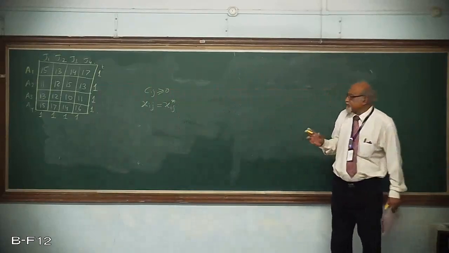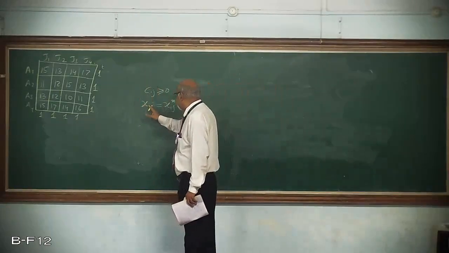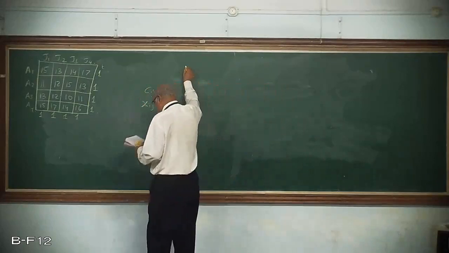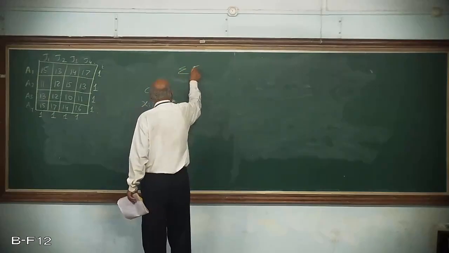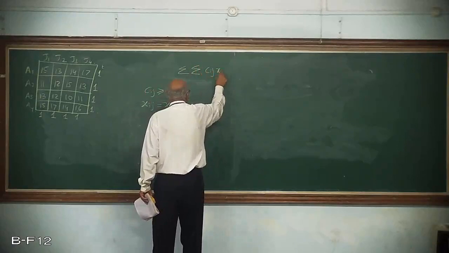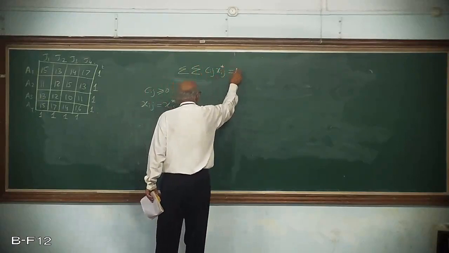In that case, Cij is the cost, and this is the assigned value. Then the sum of Cij times Xij asterisk should be equal to 0.